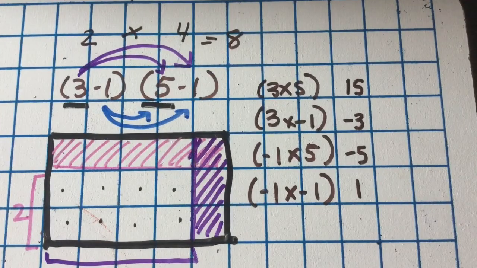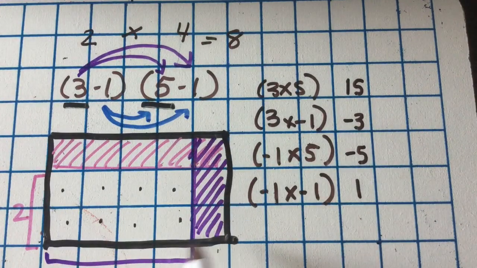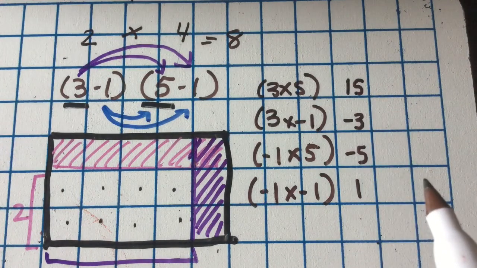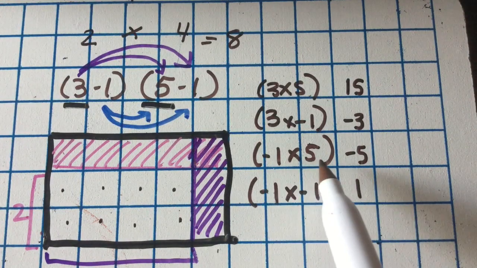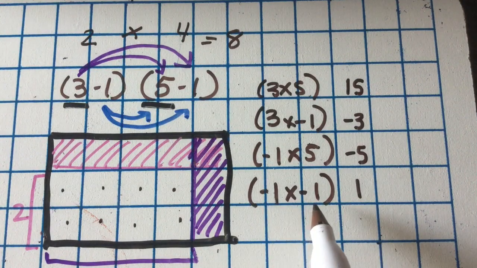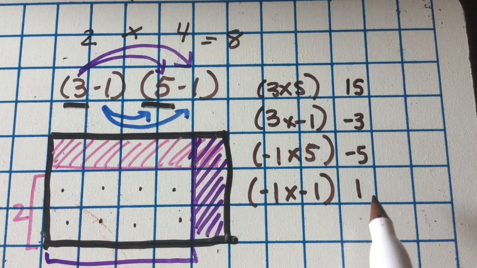When we look over here and we do our distribution, we have 3 times 5 is 15. That was our original rectangle. 3 times negative 1 is negative 3. And negative 1 times 5 is negative 5. Negative 1 times negative 1, which gets us a positive 1, which does some kind of funny things here. So let's start solving this out.